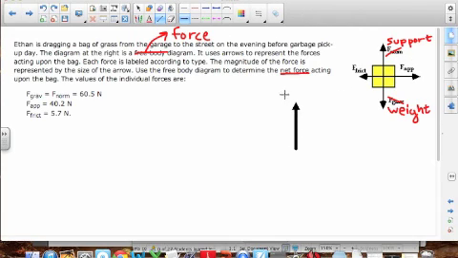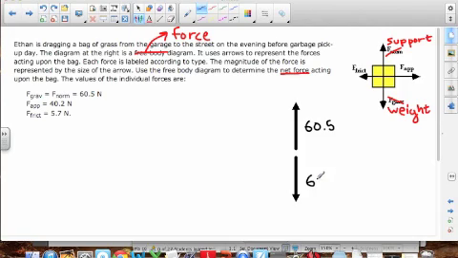The normal force is pointing upwards, and that has a value of 60.5 newtons. And gravity points downward, but it has the same exact magnitude as the support force, which means that the net force is only able to point left or right.